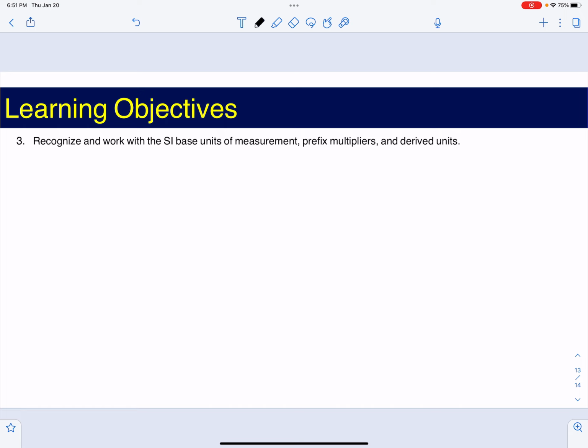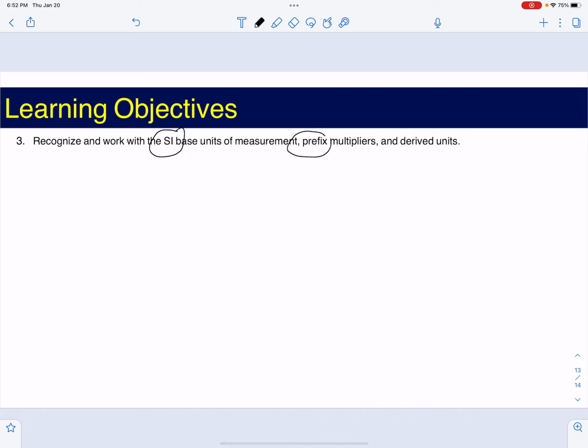And with that, we can say hopefully that you grasp already the concept that we're discussing here, which is the International System base units, which are mass is kilograms, temperature is Kelvin, time is second, and volume is cubic meters.